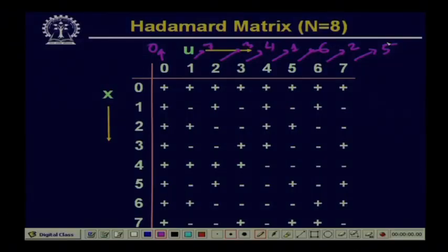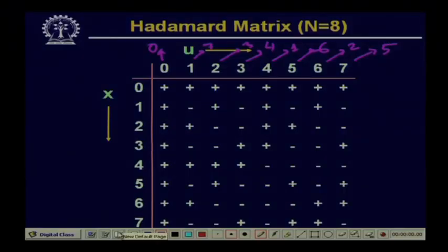Here you find that for u equal to 0, the sequency is equal to 0, for u equal to 1, the sequency is equal to 7, for u equal to 2, the sequency is equal to 3. So, there is no straightforward relation between the value of u and the corresponding sequency, unlike in the discrete Fourier transform or the discrete cosine transform, where we have seen that increasing values of the frequency variable u correspond to increasing values of the frequency components.